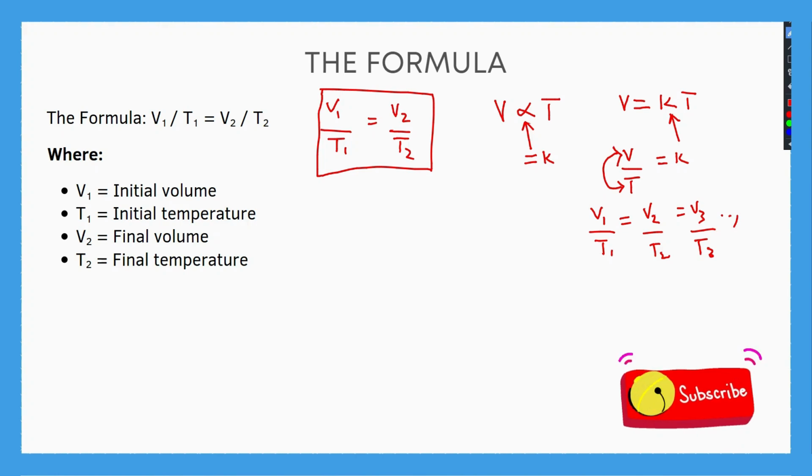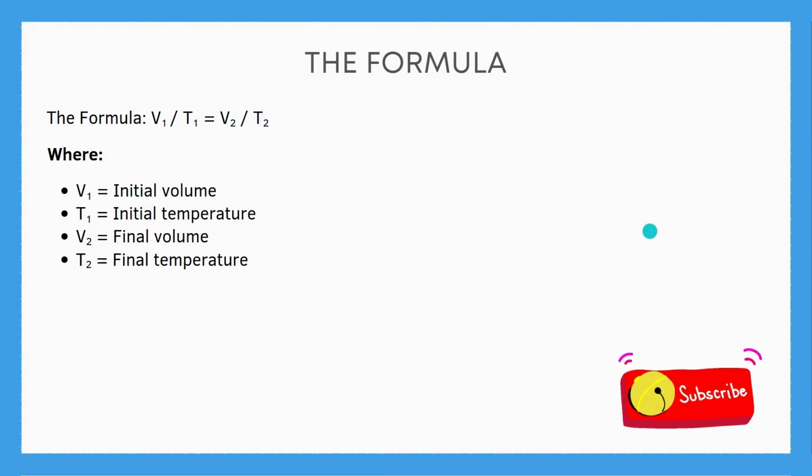V1 stands for the initial volume, T1 stands for the initial temperature, V2 stands for the final volume, and T2 stands for the final temperature. Now that we know what the variables mean, let's see if we can do justice to a few questions.